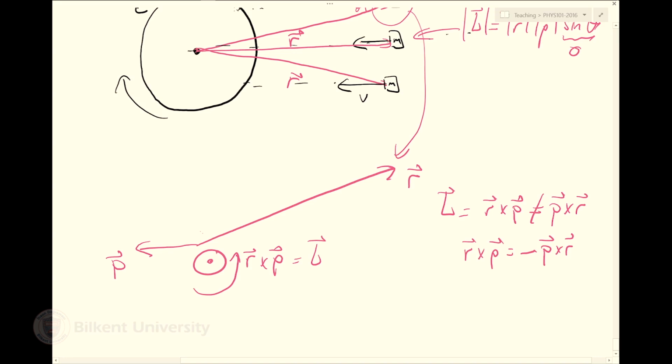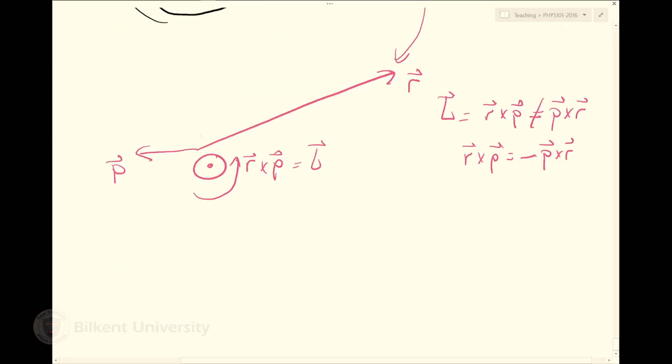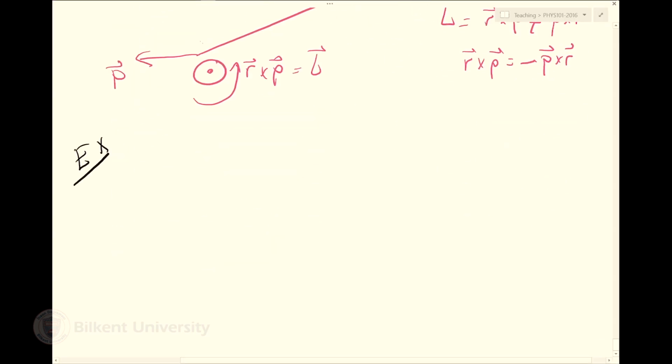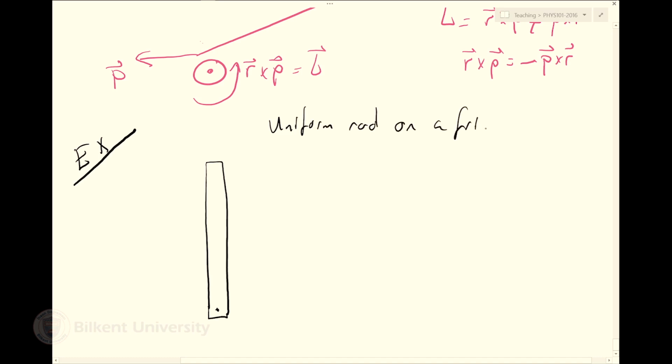Let's solve one example. Let's say that I have a uniform rod on a frictionless table, fixed at one end, but free to rotate.